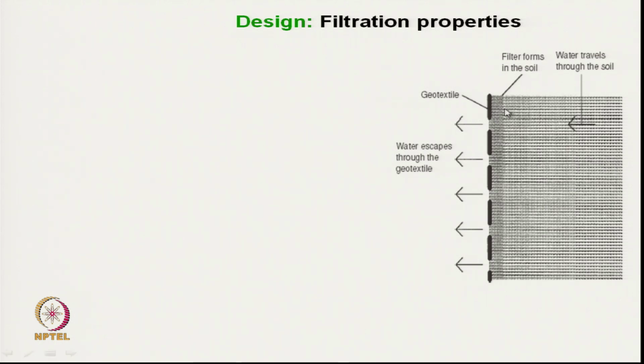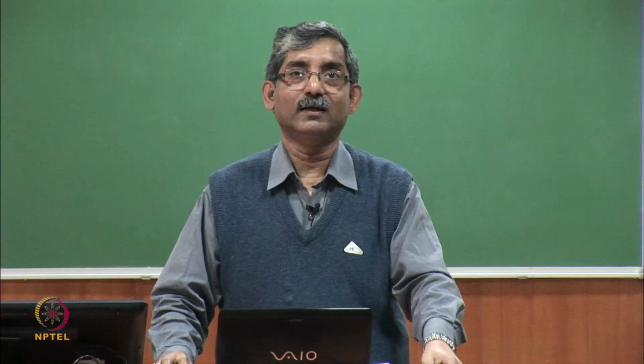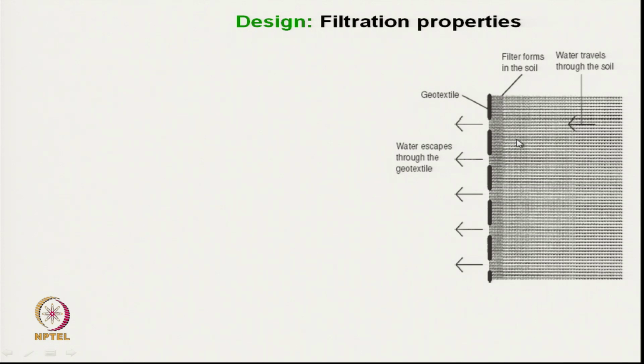Here is the soil structure, and the geotextile is put here, and it should allow the water to pass through without allowing the soil particle loss. The main problem here is that the soil particles are of different sizes.